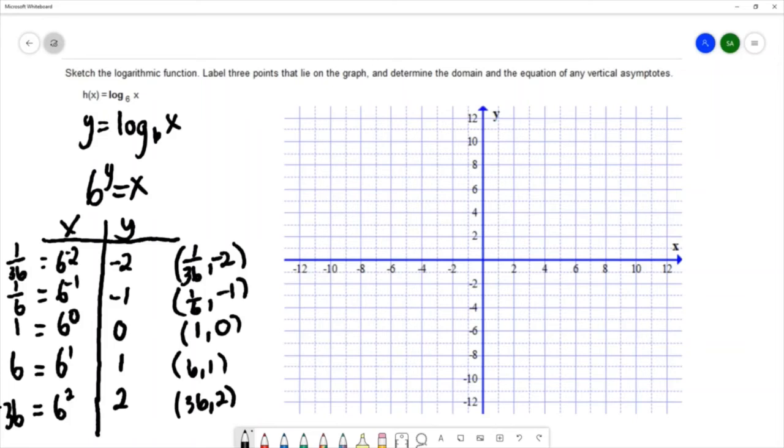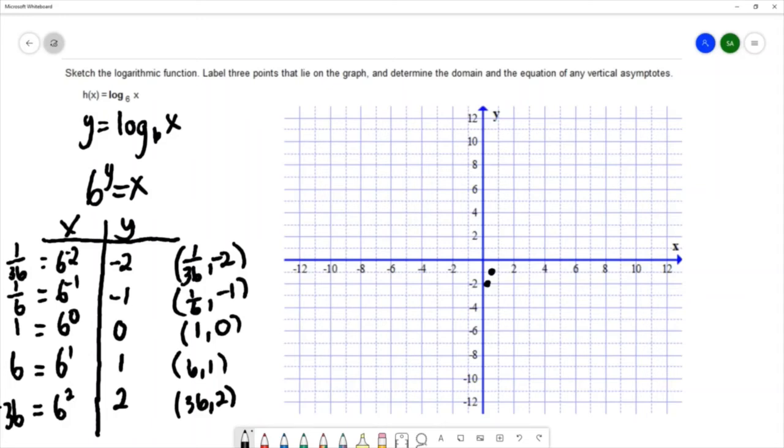So 1 over 36 and -2: 1 over 36 is really close to 0, right next to 0 with a y value of -2. 1/6 and -1. 1/6 is also pretty close to 0 with a y value of -1.